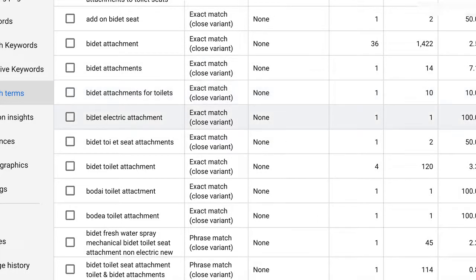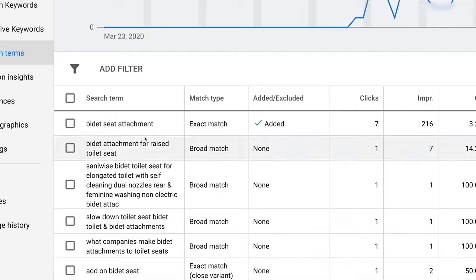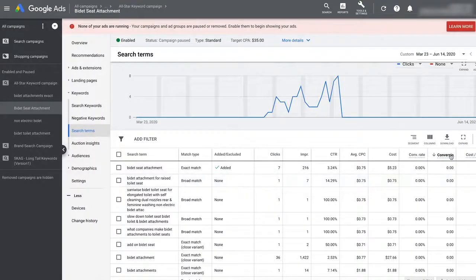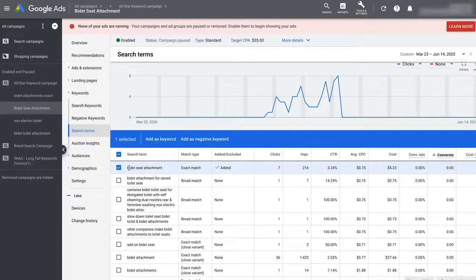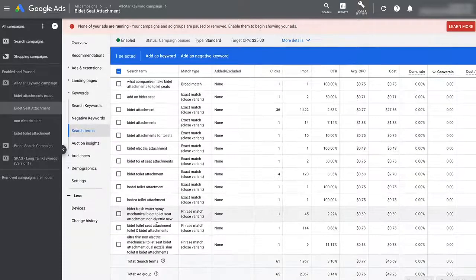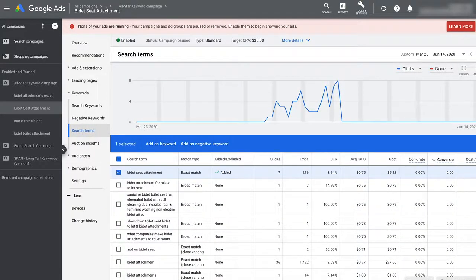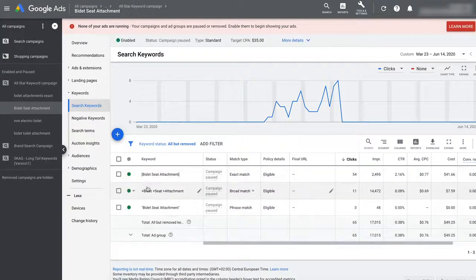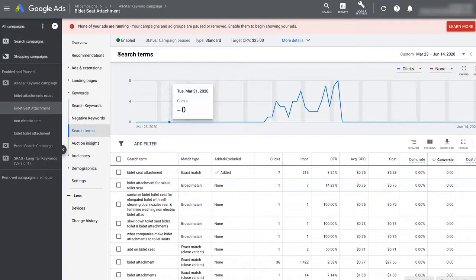Bidet attachments for toilets, bidet electric attachment. Unless those got a conversion, we're trying to be very specific. So if I see that it's spending on all these random ones, I want just bidet seat attachment, right? Does that make sense? So even though it looks like, well, Charlie, I spent and it didn't work. Well, did you really though? You know, look inside the search terms.